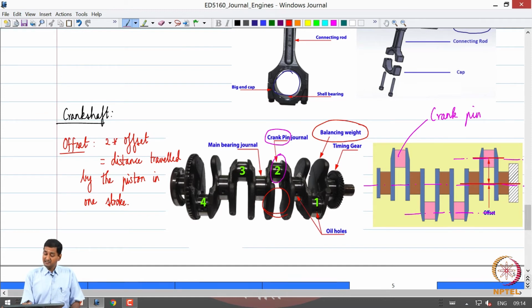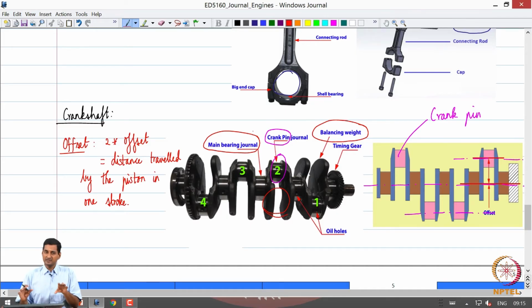And additionally, the crankshaft is also mounted on bearings. So, you can see what is called a main bearing journal. The crankshaft is mounted on bearings to support it, because the crankshaft is going to rotate at thousands of RPM, and you can imagine in a multi-cylinder engine there are going to be different connecting rods that are going to apply forces on the crankshaft.